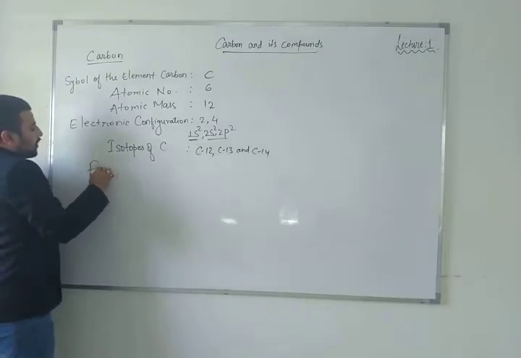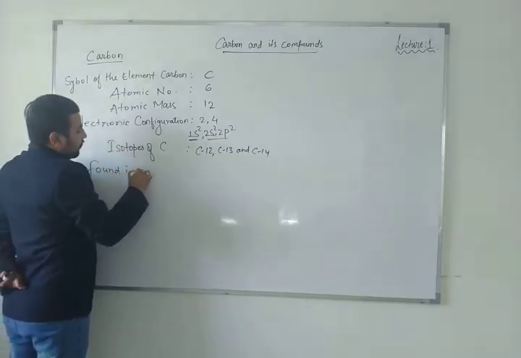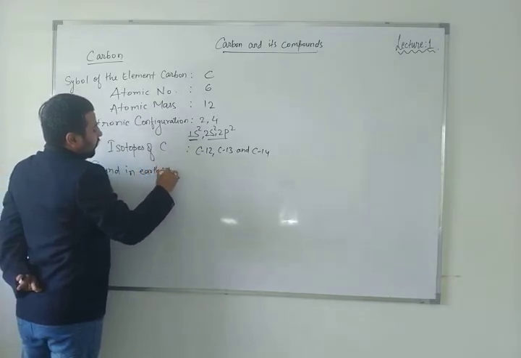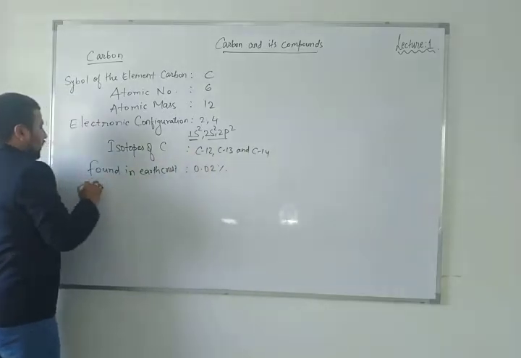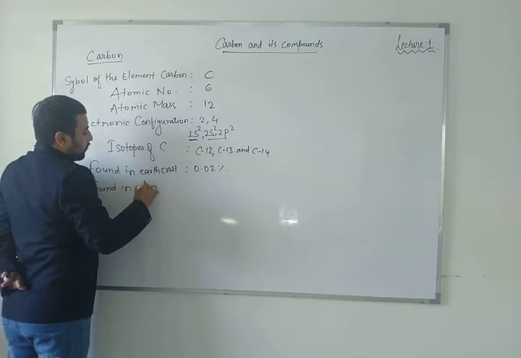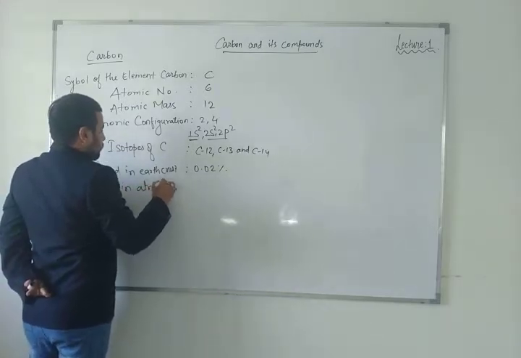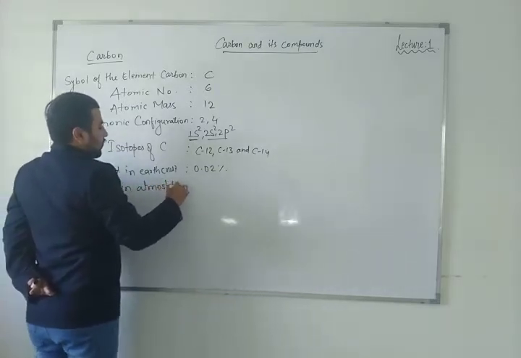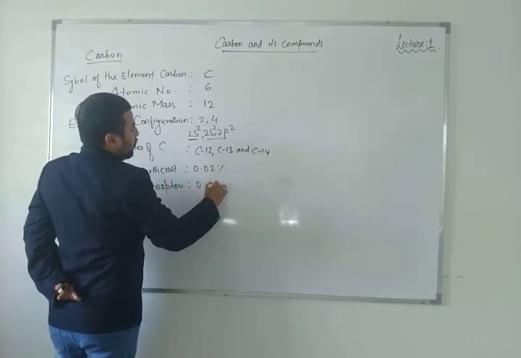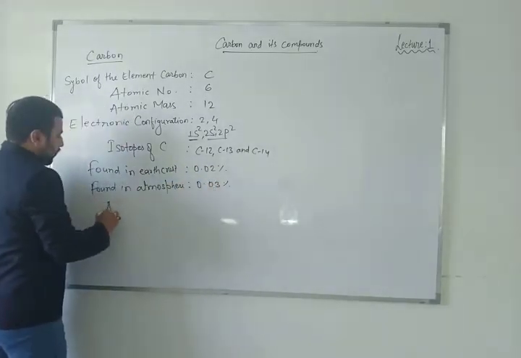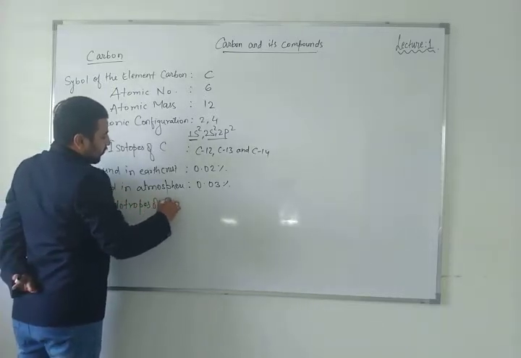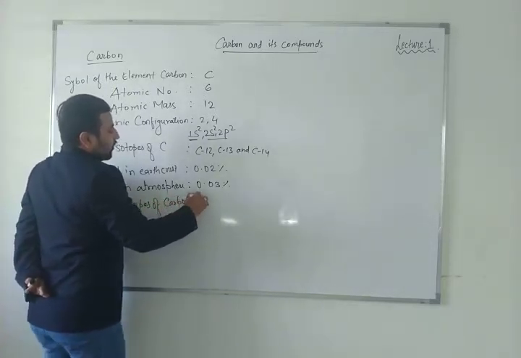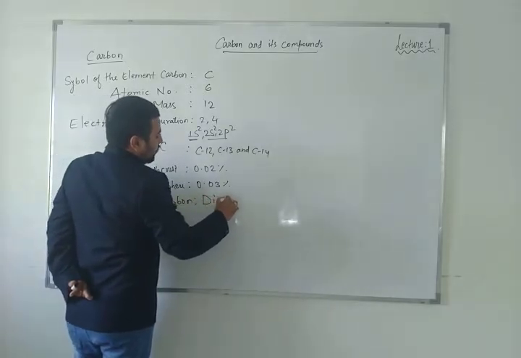Found in the earth crust, 0.02%, and found in the atmosphere, 0.03%. Allotropes of carbon: diamond and graphite.